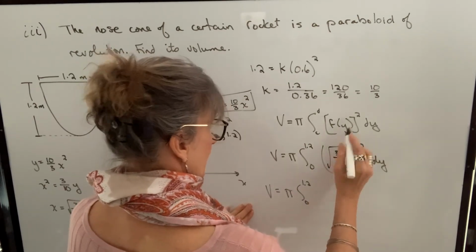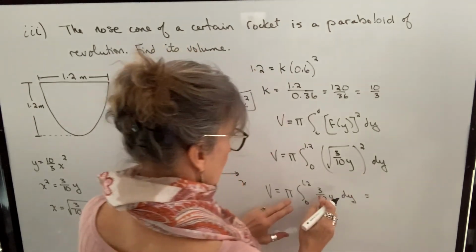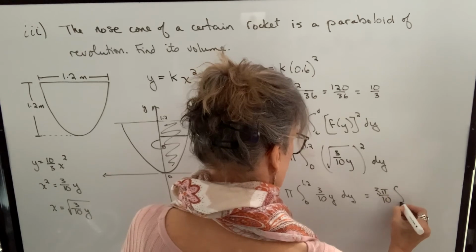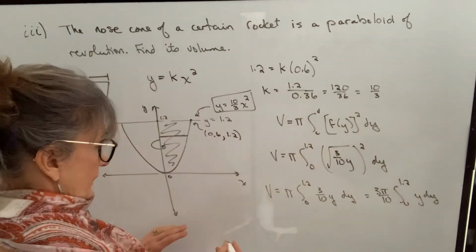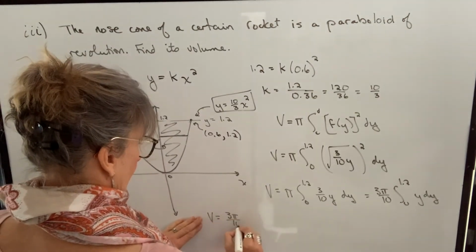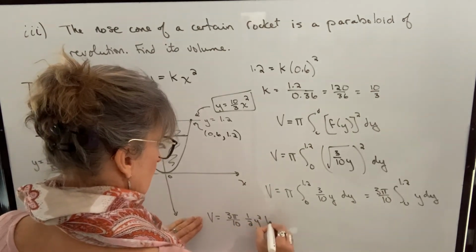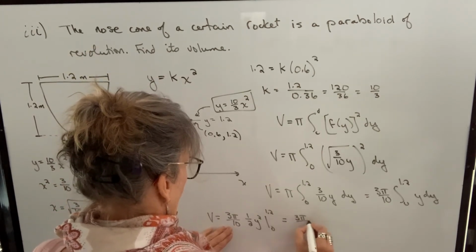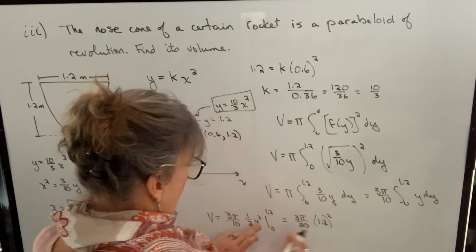So when I square that, it just cancels my square root. I'm going to move the 3/10 outside, so that will be 3 pi over 10 times the integral of y dy, which will be 1/2 y squared. So it's going to be 3 pi over 20, and it'll be 1.2 squared minus 0 squared.